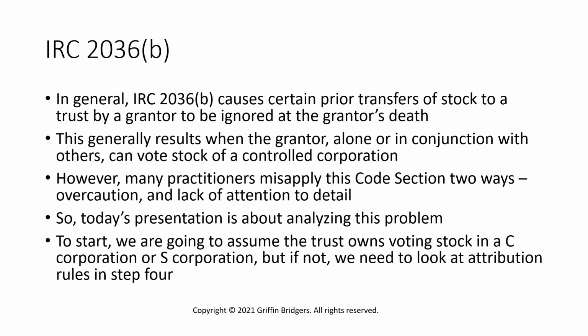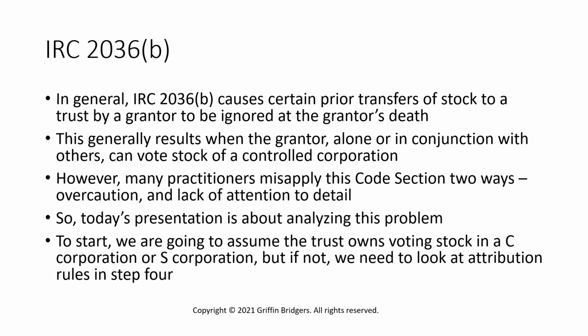In previous episodes, we've talked about Code Section 2036. This is a section of the tax code that applies in determining what assets are included in the gross estate. That's the tax base to which the estate tax is applied.